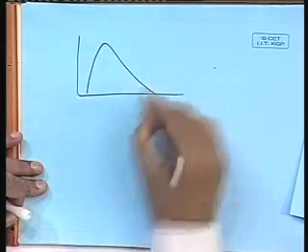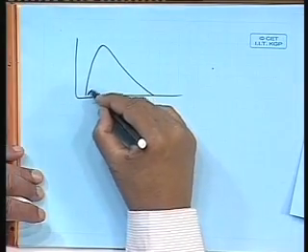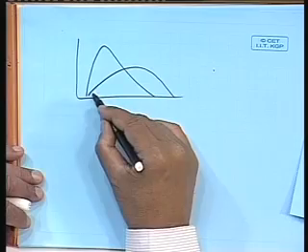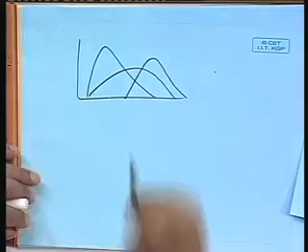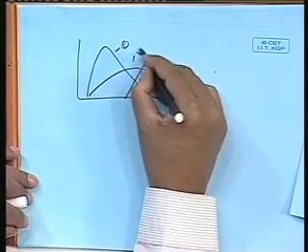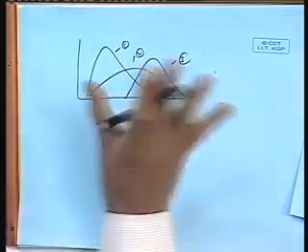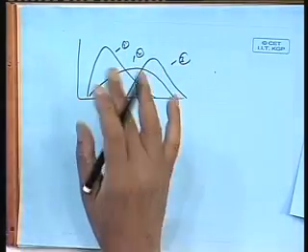Here comes the question that I earlier raised. See, suppose this is one having an area, there is another one that looks like that with the same area, and another one looking something like this. This is 1, this is 2, this is 3. All of them have the same area. That means all of them represent the same significant wave height.